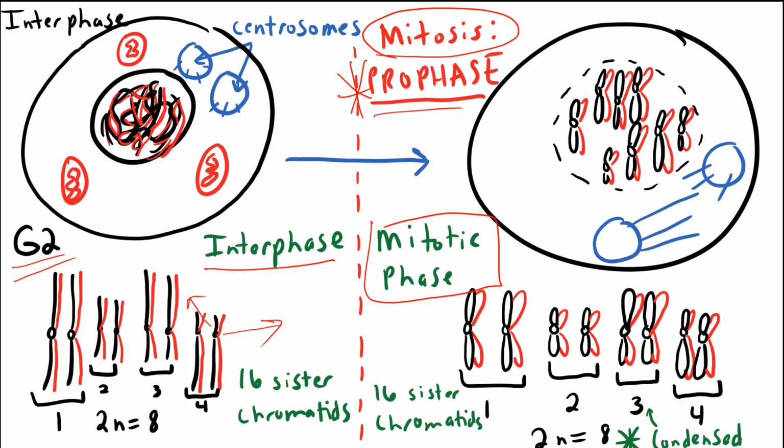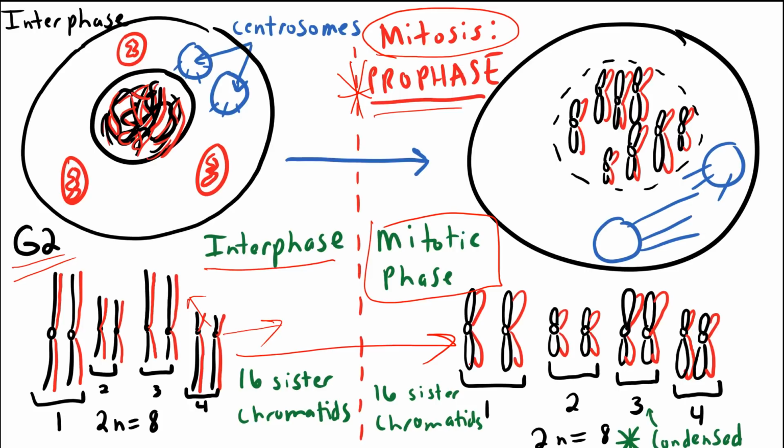The first thing that happens, and you probably note a difference between how I'm drawing the sister chromatids in G2 versus how I'm drawing them in prophase. Okay, they are now condensed. The sister chromatids condense into smaller, now visible bundles of DNA. Prior to this in interphase, the DNA is actually not visible.